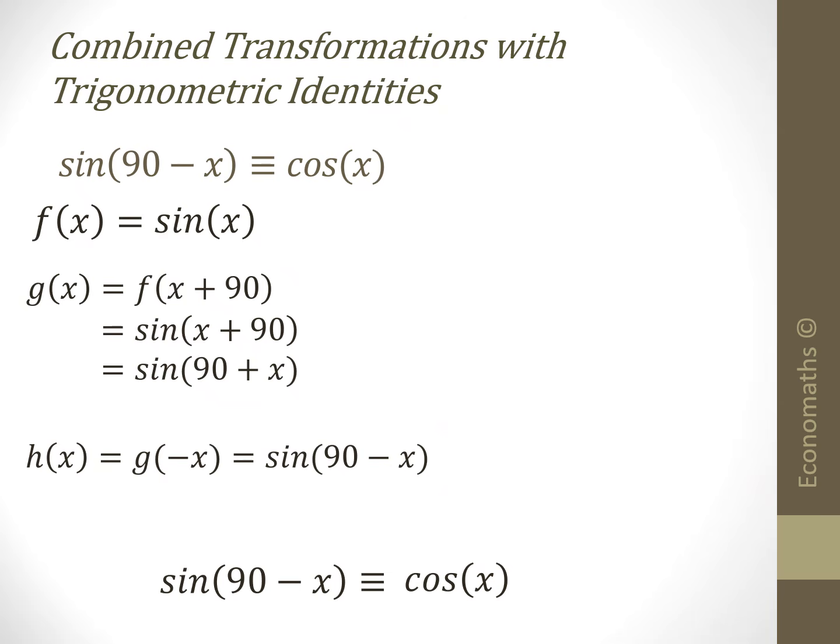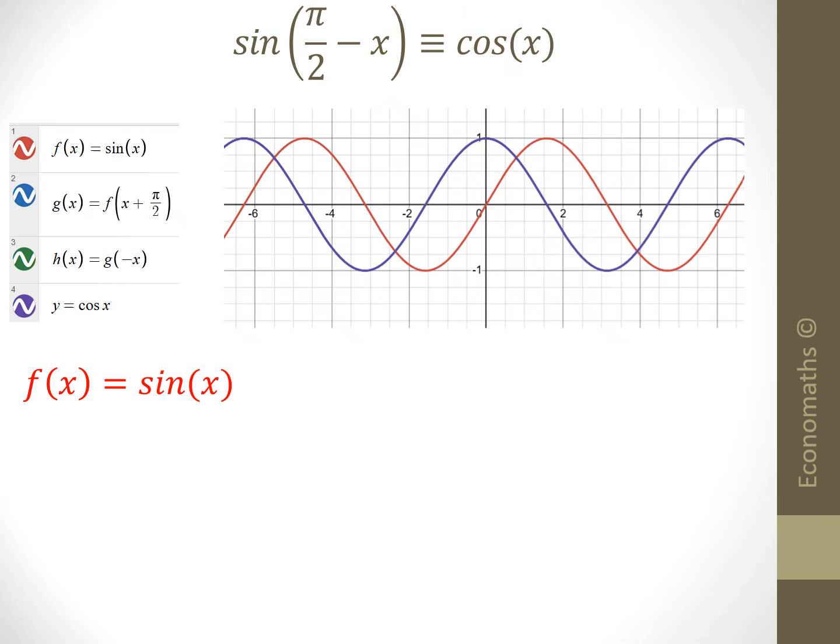In the correct order for transformations inside the function, we actually have to apply shifts or translations first before we reflect the x values or stretch the x values. Okay, and with the graphs, we're starting from the red sine curve, and we're trying to go to the purple cosine curve.